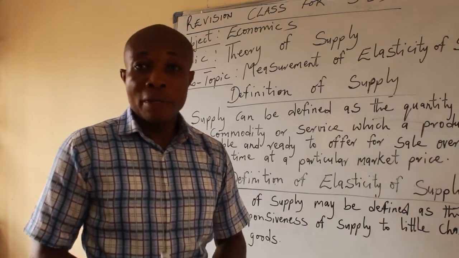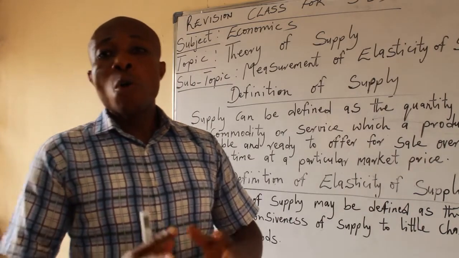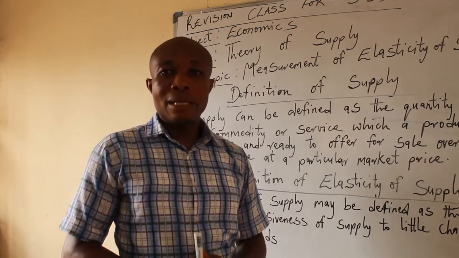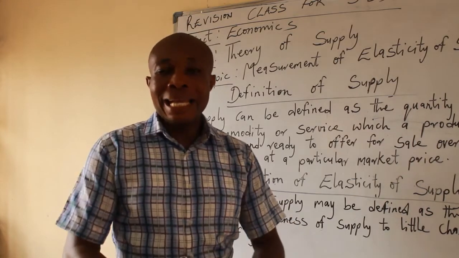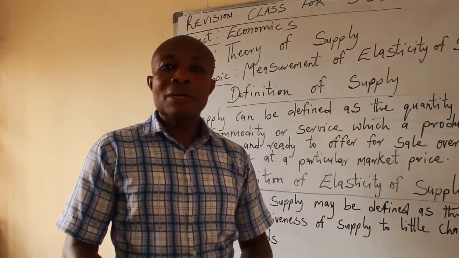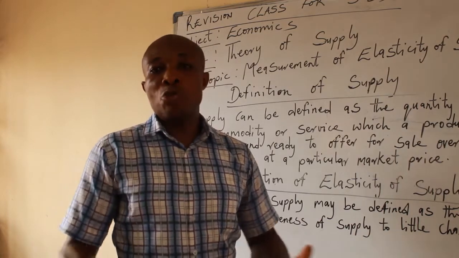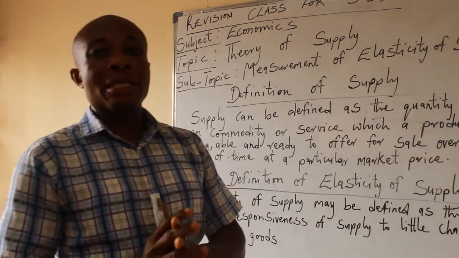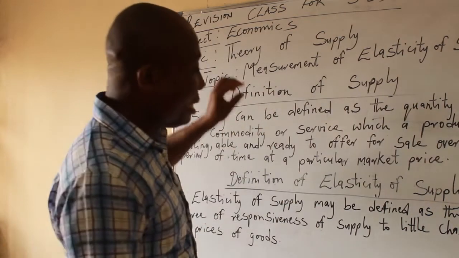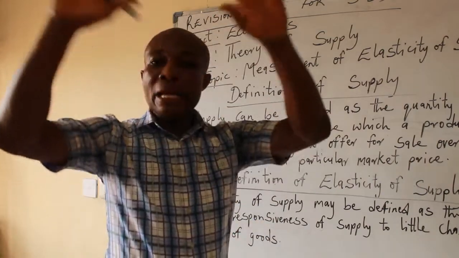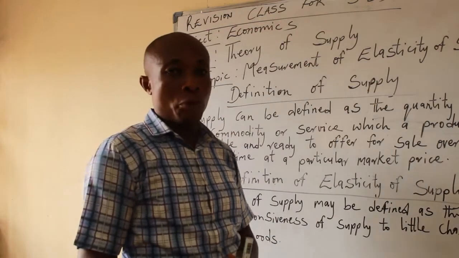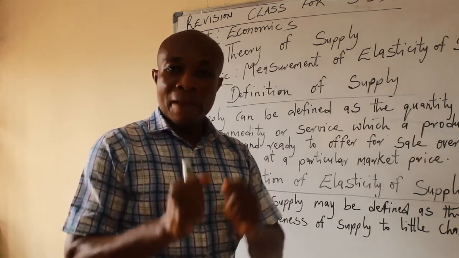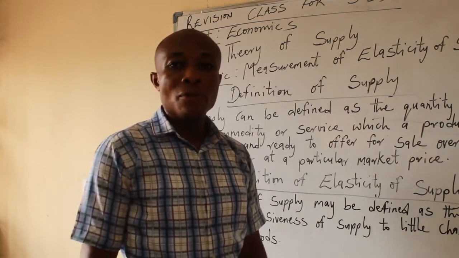For example, a producer can produce 1,000 units of a particular commodity and desire to offer for sale like 100 or 200 units. That 100 or 200 units is actually the supply and not the 1,000 he produced. That is supply, and that is what we call effective supply.